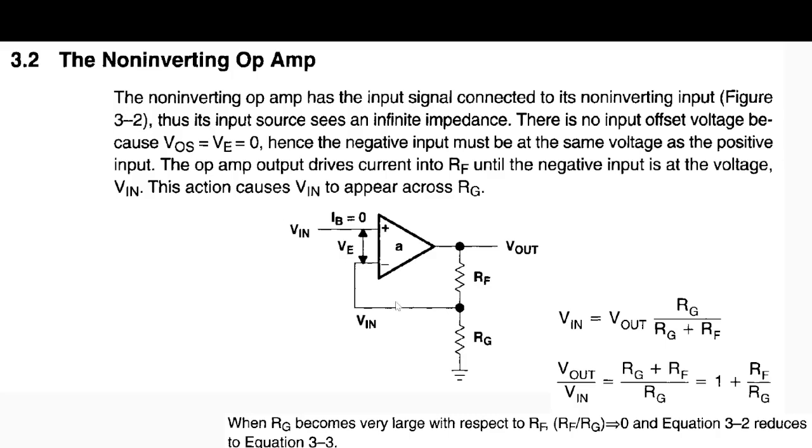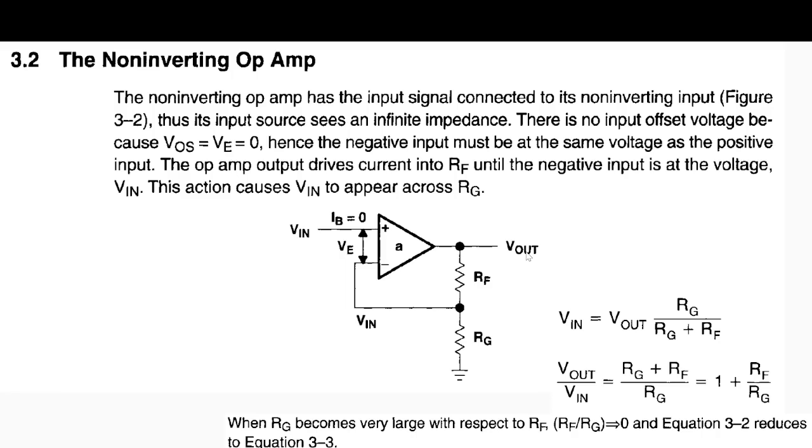What you see here is that the input current IB is 0, because we are assuming infinite input impedance. And the assumption is that there is 0 offset, which means the V in coming in here is the same as V in here. So that's why you see V in here.